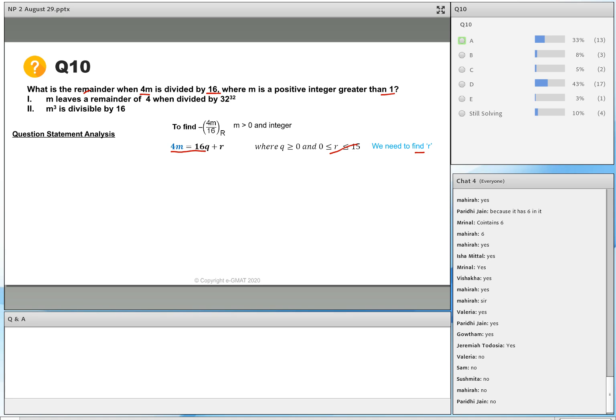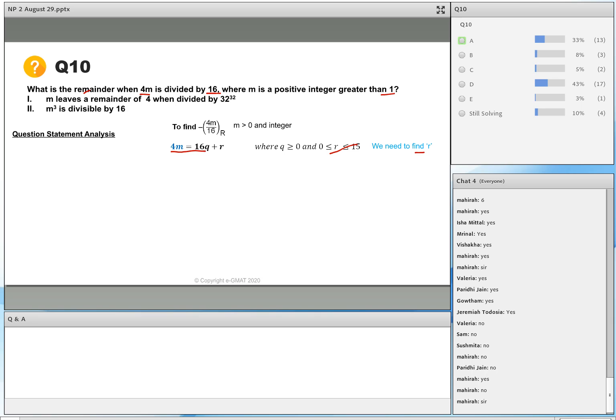Before I move ahead, because I know that this question comes up very frequently, can I cancel off m from both the sides, 4m and 16, and find out the answer? Yes, you can do so, but again, it becomes a bit more complicated. You need to find out the remainder, then multiply it with 4 to get the final answer. I don't want you to do that. Let's stick to 4m is equal to 16q plus r only, right?